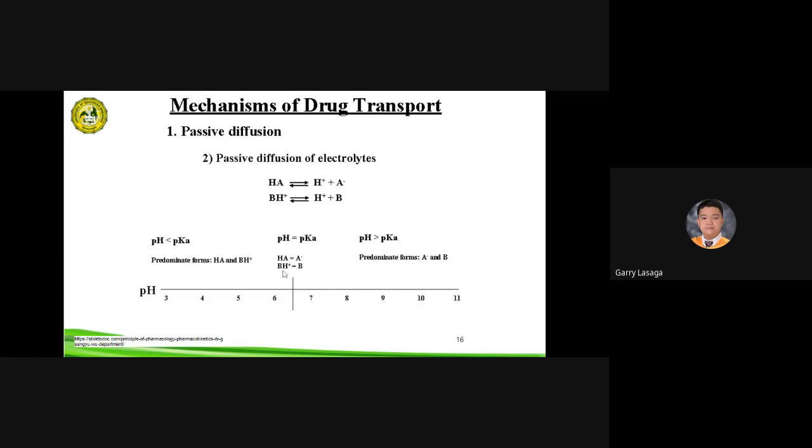At pKa, the proportion of the BH plus and the B is equal to 1. So in here, the pKa of these two drugs is 6.5, meaning at 6.5, the amount of the unprotonated and protonated forms of the acidic and basic drugs are equal to 1.